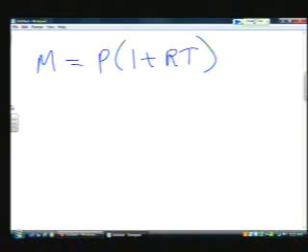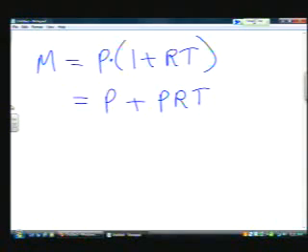If you analyze this formula and multiply it out with the distributive property, P times 1 is P, and P times RT is PRT.